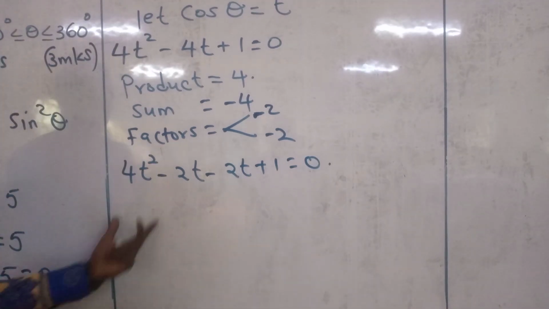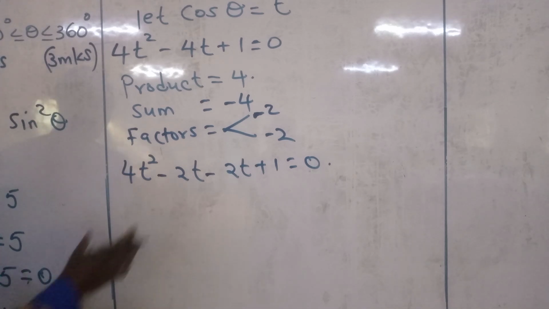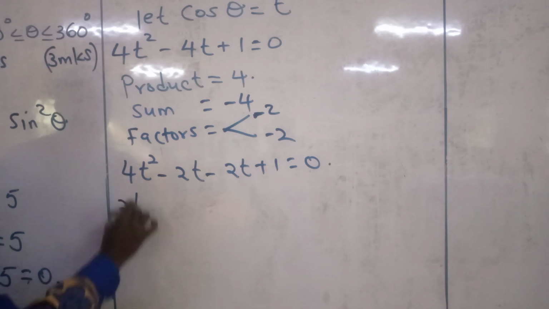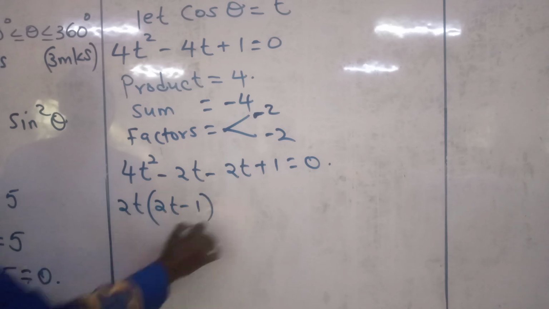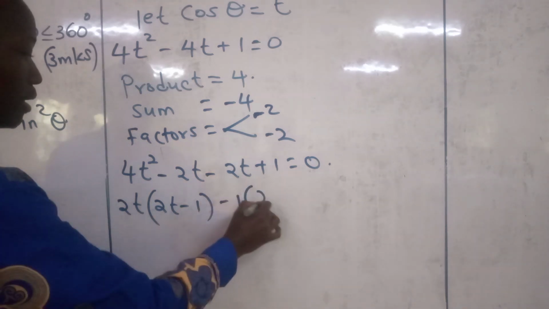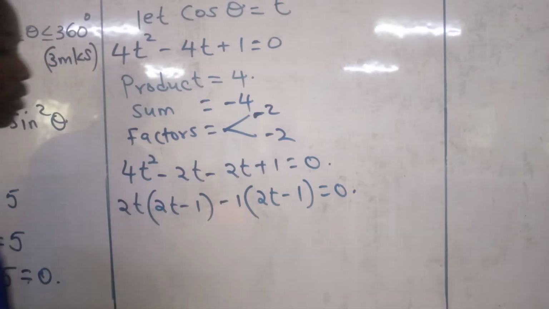Then we can now factorize. How do we factorize? We factorize 2 by 2. So we will have 2t into brackets 2t minus 1, then we can have minus 1 into brackets 2t minus 1 is equal to 0.